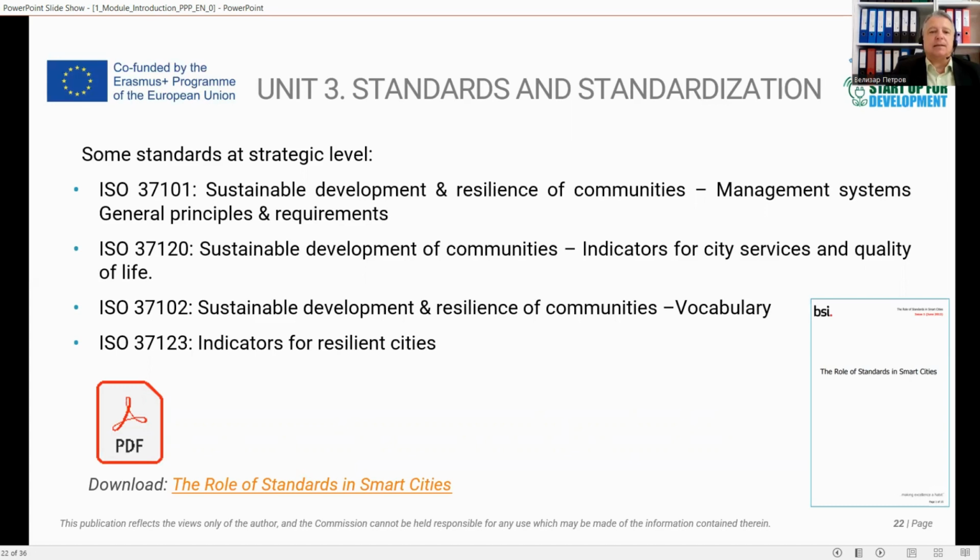The second standard is about sustainable development of communities, indicators for city services and quality of life. The next standard is about sustainable development and resilience of communities, vocabulary. And the last is about indicators of resilient cities. Here you can download a link, the role of standards in smart cities.